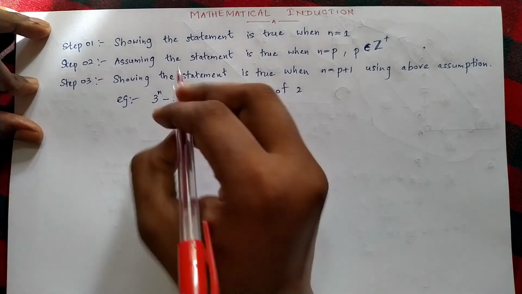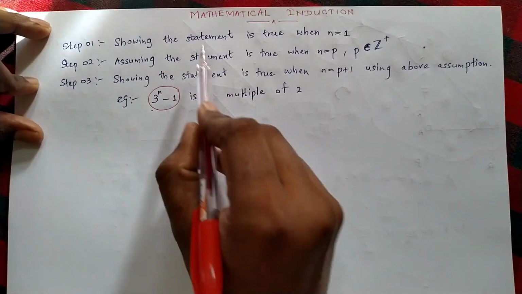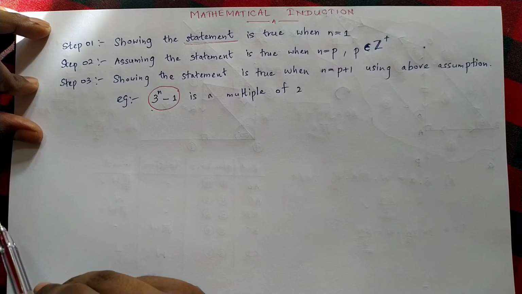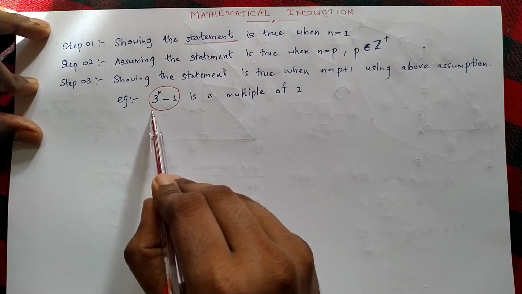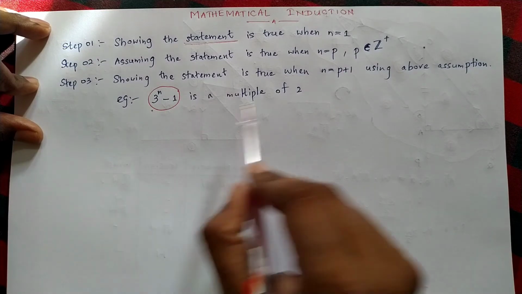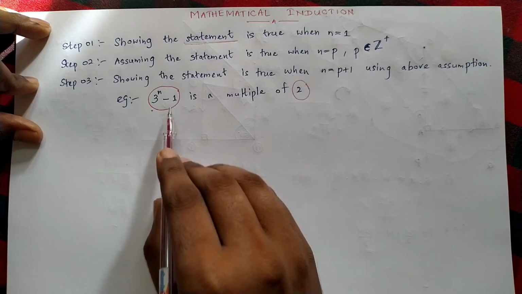So this is an expression. This is what we call a statement in this question. This is the statement that I am going to show. It is a multiple of 2. That means it is divisible by 2.